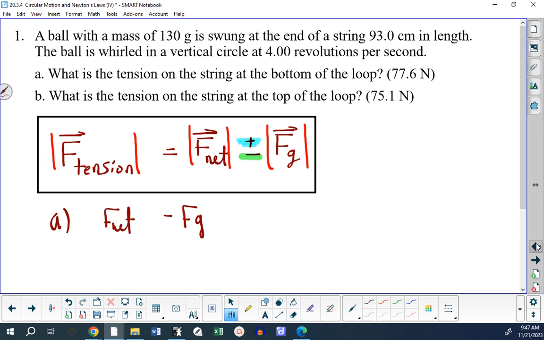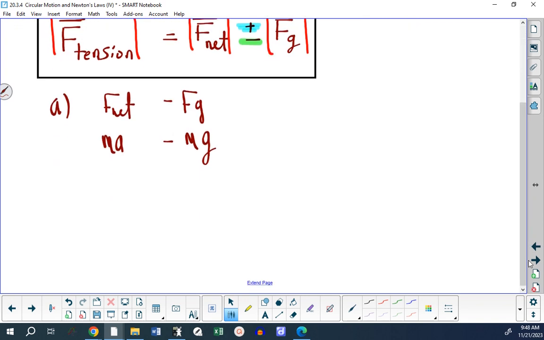Okay. And the net force is ma, and the force of gravity is mg, and the acceleration of the object is a centripetal acceleration. So you have two options here. You could do this, and then stop and say to yourself, okay, I know the mass, I know the radius, I think.